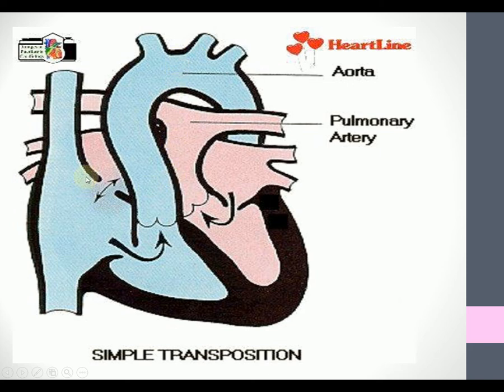The only saving grace here for our infant is our atrial septal defect. That is allowing oxygenated and deoxygenated blood to mix, depending on how much of a mix this is. And if we had the patent ductus, it would help also, but we don't.